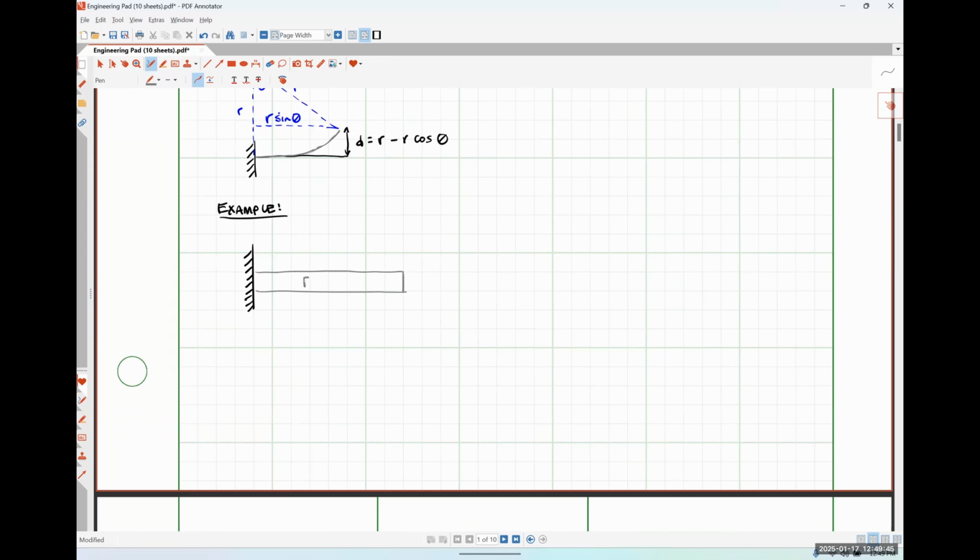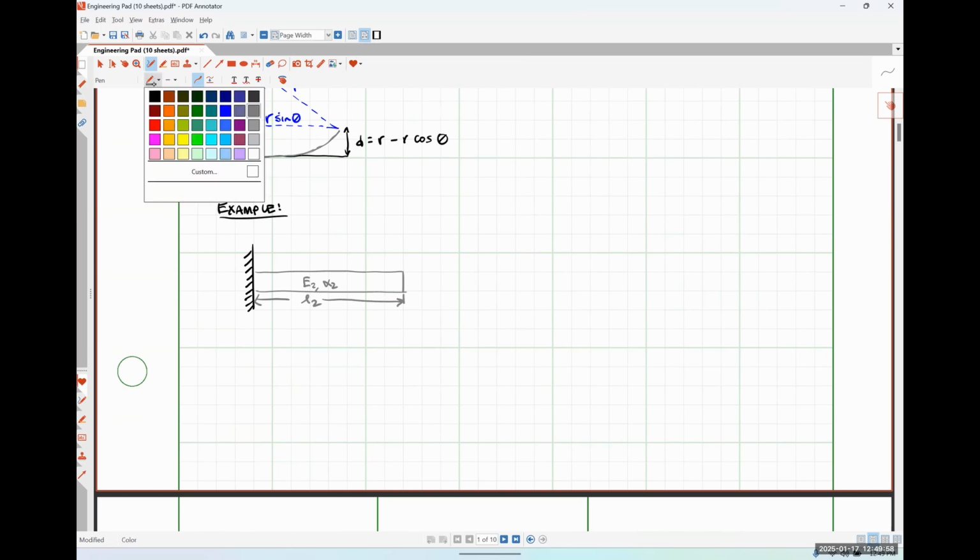So it's characterized by some Young's modulus and some coefficient of thermal expansion. And this guy will have some length, L2. And then deposited on top of this guy will be another material, significantly shorter in length, characterized by E1 and alpha 1. Here is our length L1. And this is a side view.